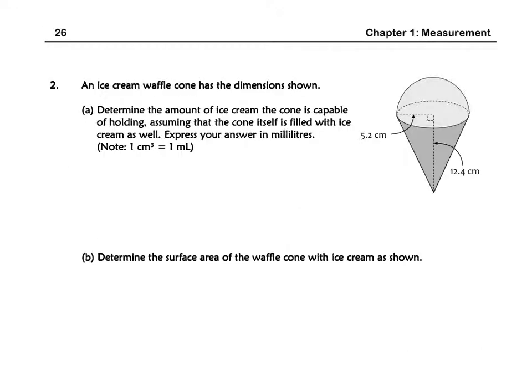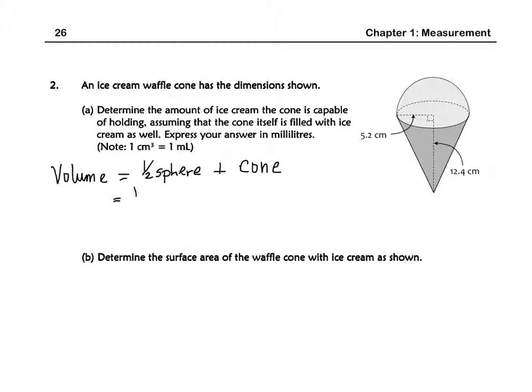The second question is a combination of a sphere and a cone. Determine the amount of ice cream the cone is capable of holding, assuming the cone itself is filled with ice cream as well. It's packed solid right down through the cone, and the sphere part on top would be ice cream as well. The volume of this shape would include the volume of the half sphere plus the volume of a cone.